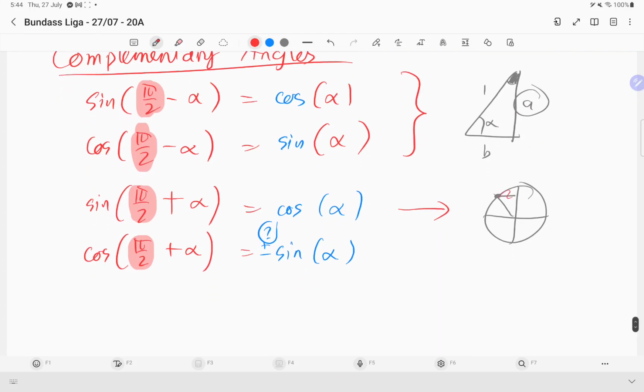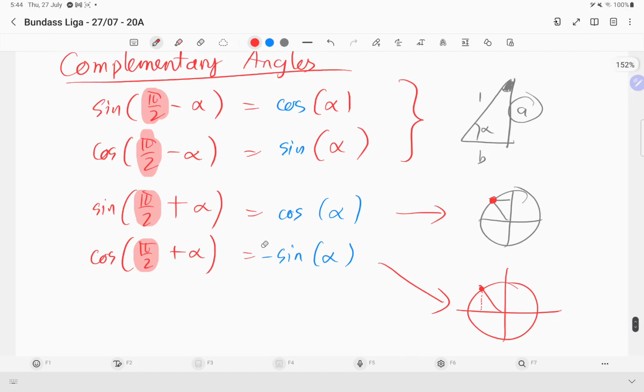Pi over 2 plus alpha will be somewhere there, right? And the cos value in the second quadrant is negative. Okay? And that's why cos of this angle would be negative sine of alpha. Negative sine of the base angle. Does that make sense? Yeah?